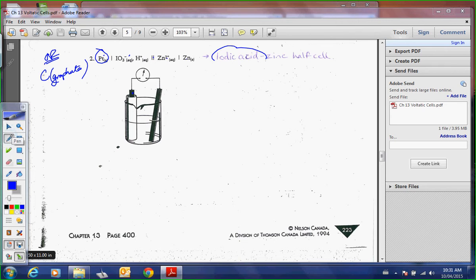Labeling everything. We're going to put our platinum here just because it's here. This is an electrode. It's an inert electrode. The solution inside that porous cup should be my iodic acid electrolyte.